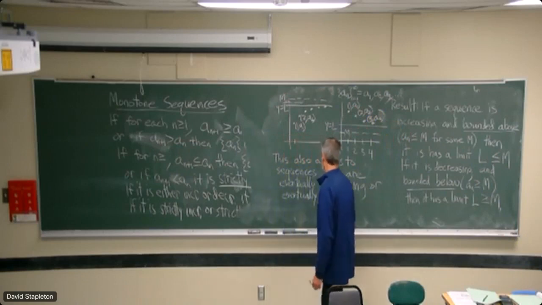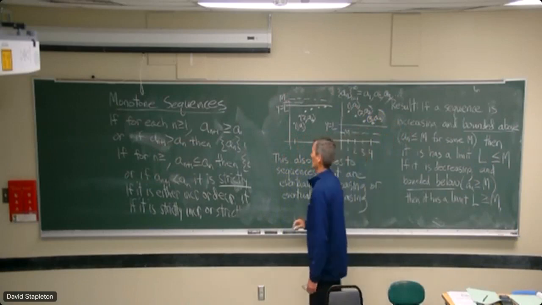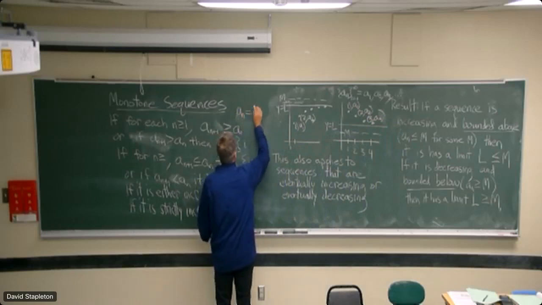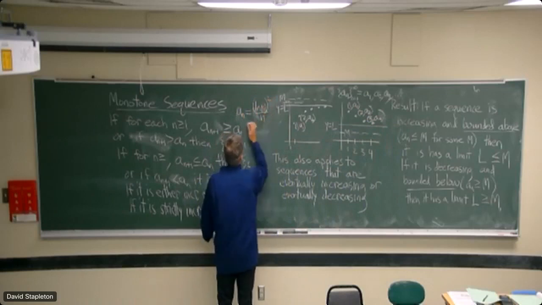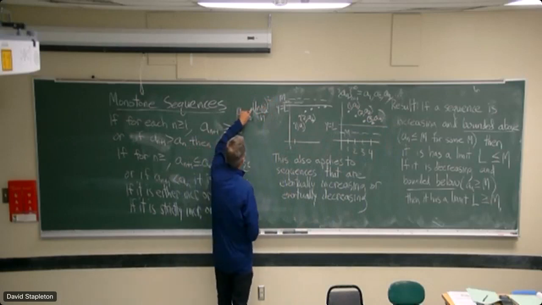What's an example of a function like that? Suppose I had a_n equals natural log of n, squared, over n. We'll maybe run into one of these in the homework.